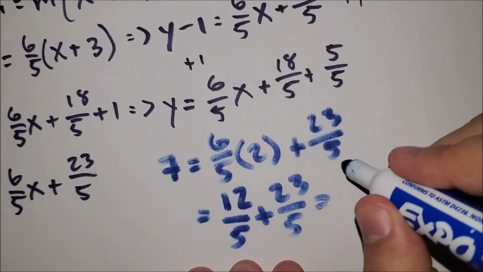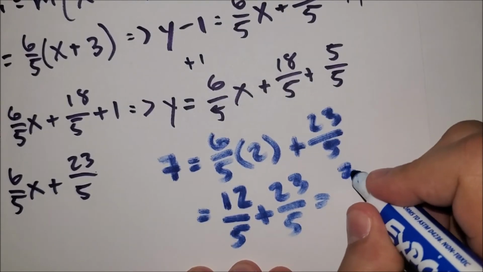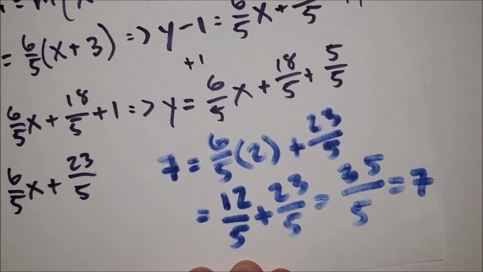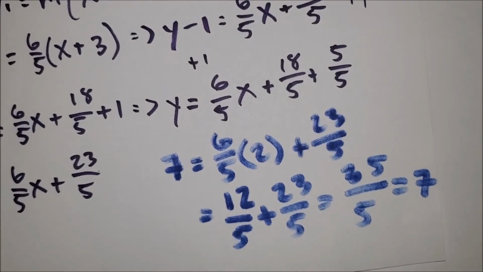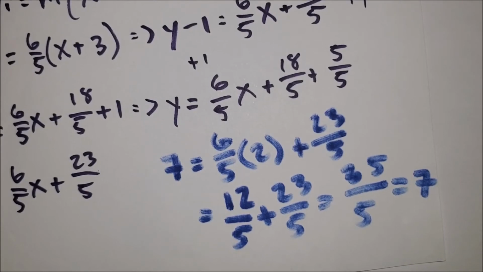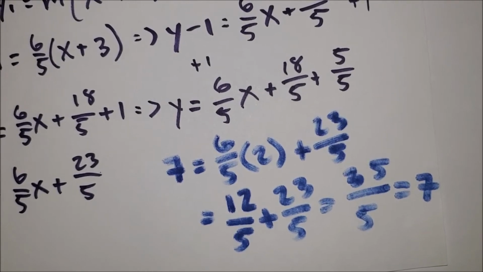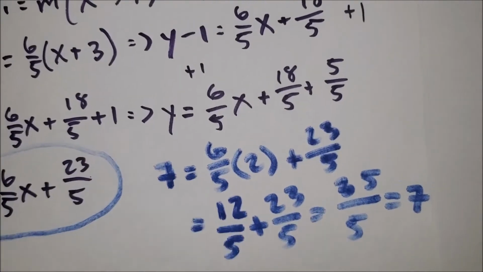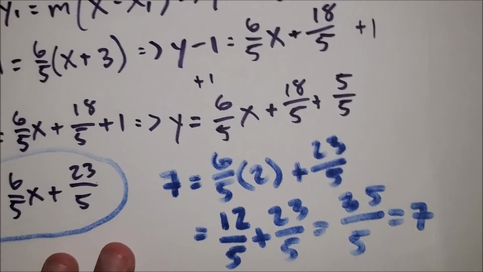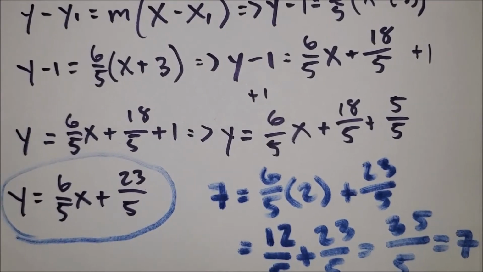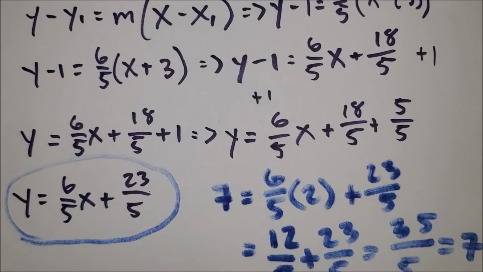This equals 35 divided by 5, which is 7. So 7 equals 7. So we can see that this line that we wrote our equation for does indeed pass through our point 2, 7, and the other point, negative 3, 1.